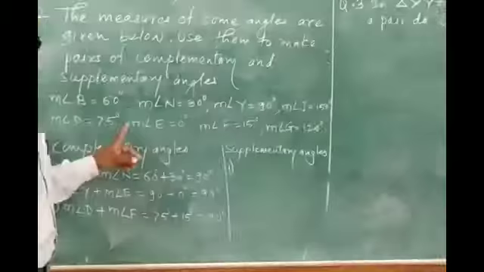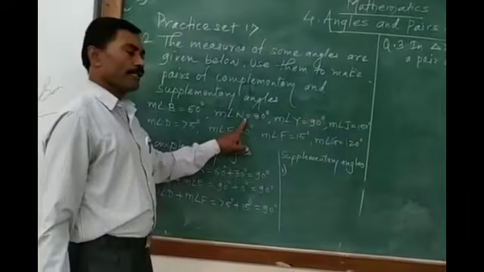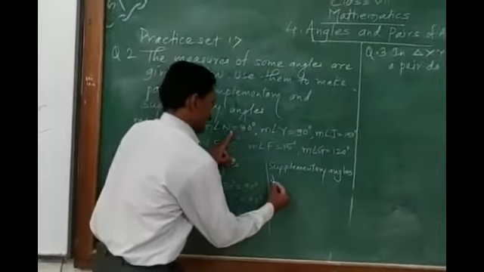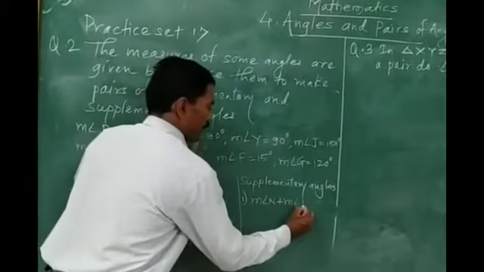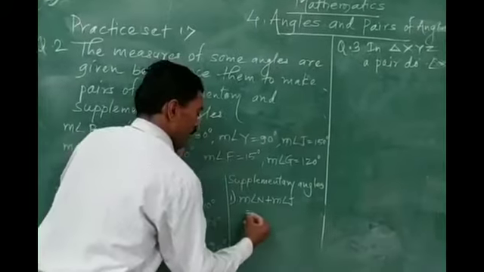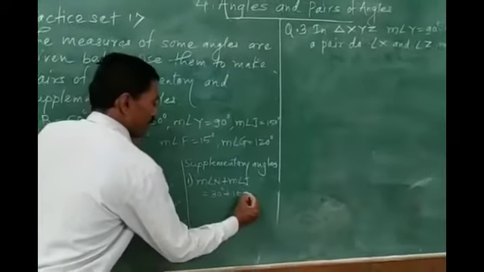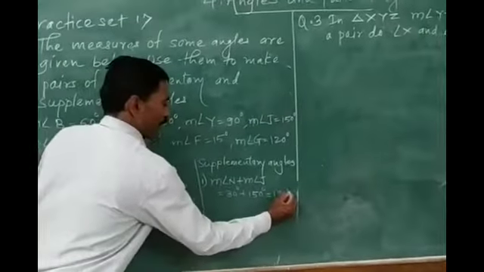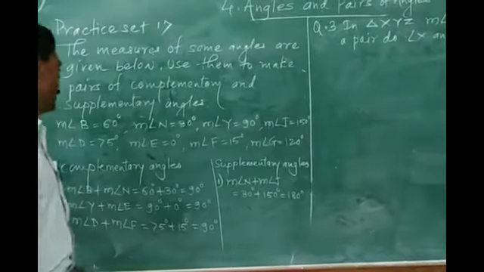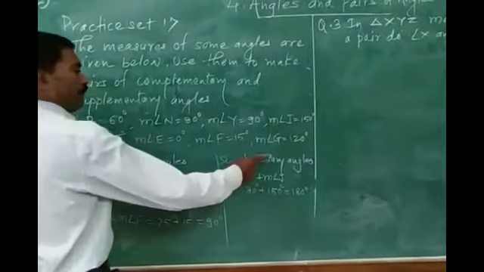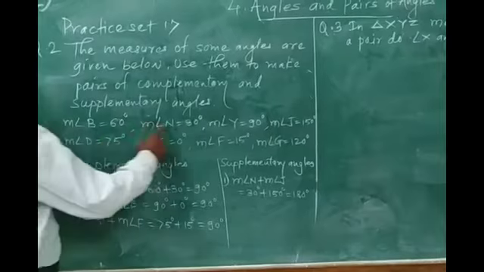Now for making 180, 150 plus 30 is 180, therefore we will say measure of angle N plus measure of angle J is equal to 30 degrees plus 150 degrees is equal to 180 degrees. Then the other is 60 and 90.